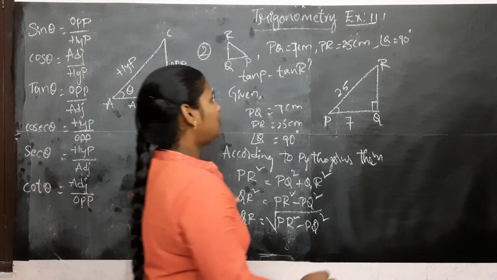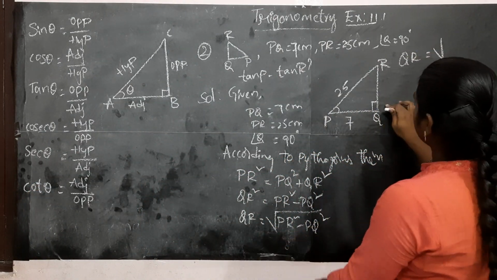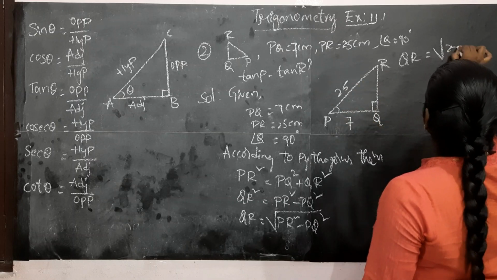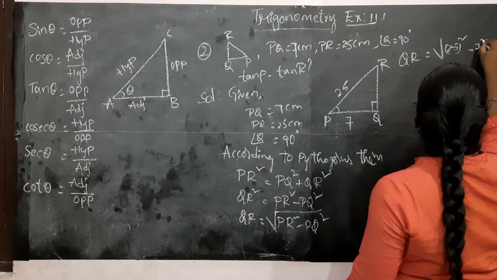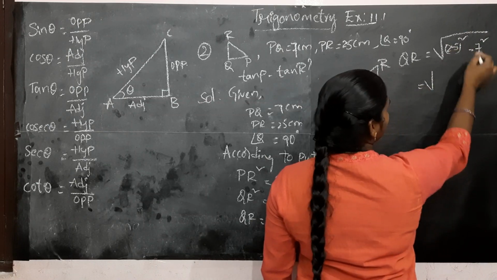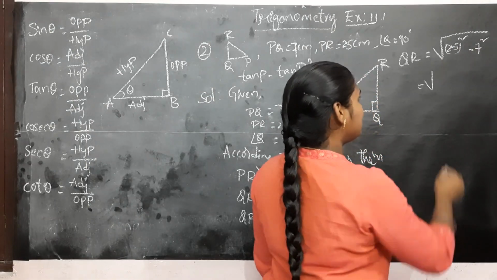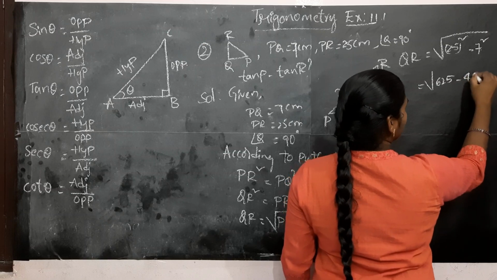Alright, so what is QR? Under root of what is PR? PR is 25. And what is PQ? 7. Alright, QR is nothing but 25 into 25, 25 square is 625, minus 7 square is 49.